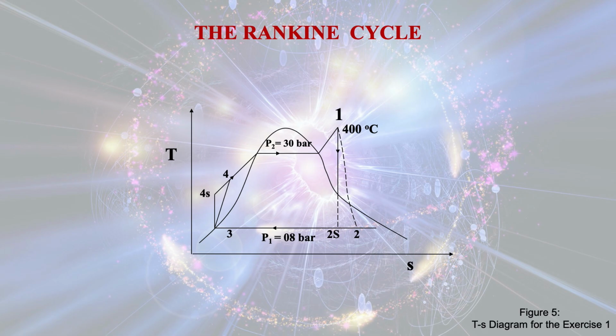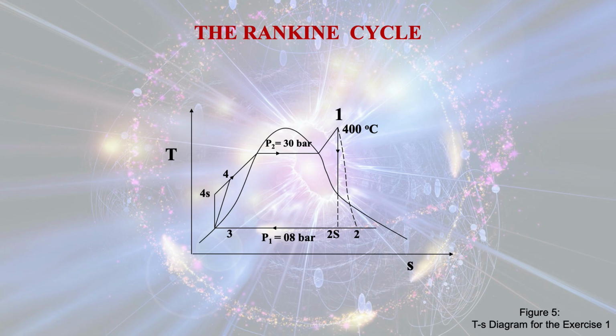So once you know H1 and S1 at point 1, for an isentropic process we can write that S1 is equal to S2S. Now S1 you can get from the steam table, and H1 you can also get from the steam table.